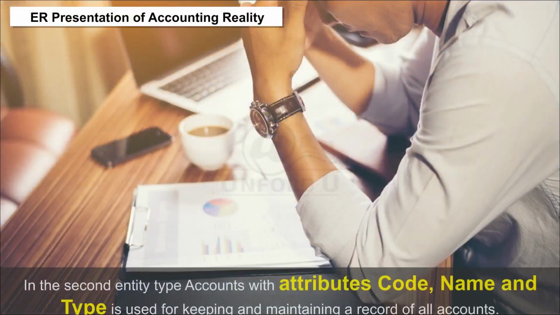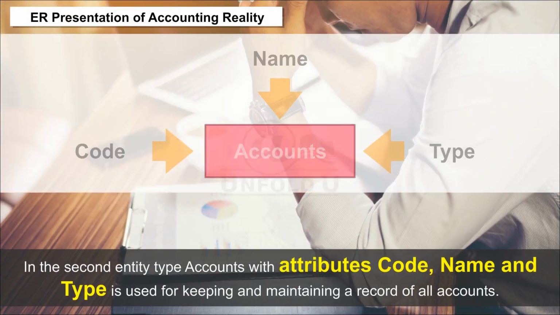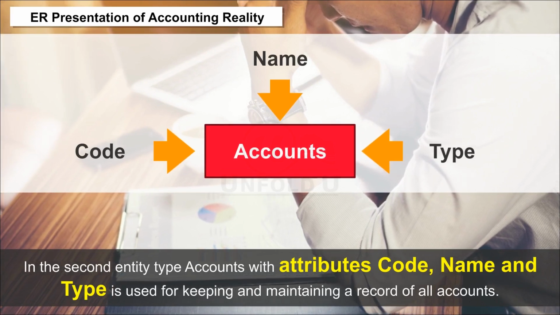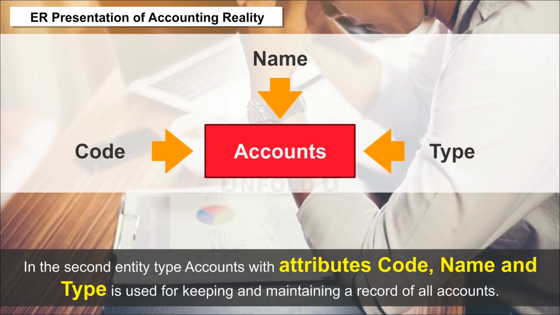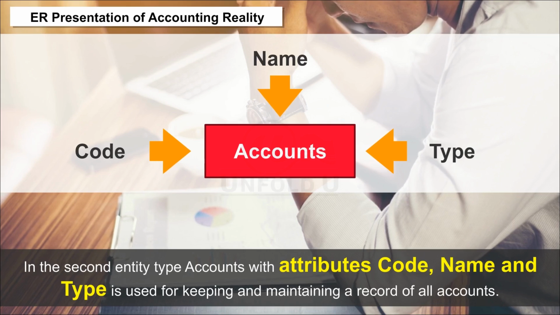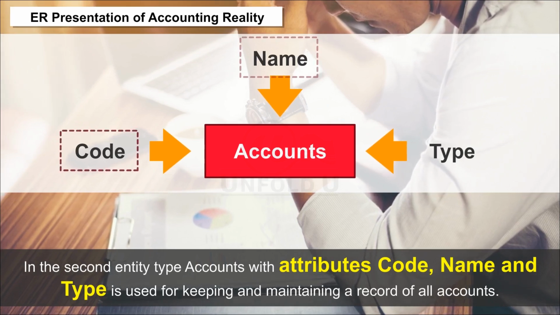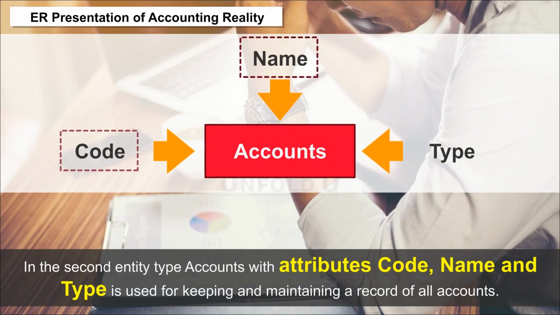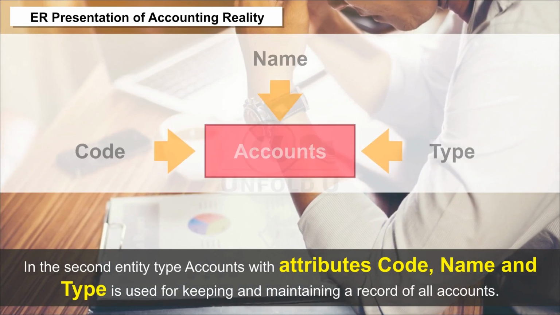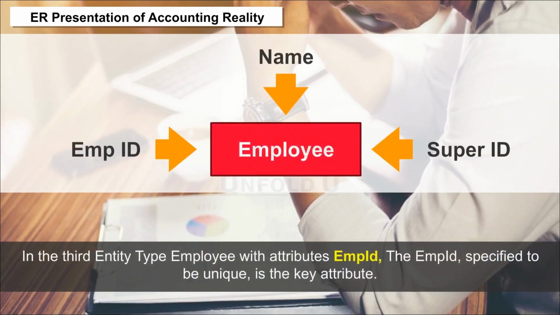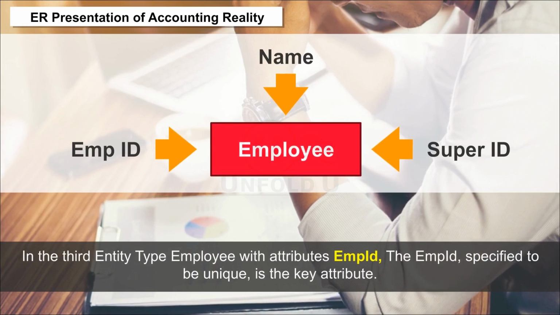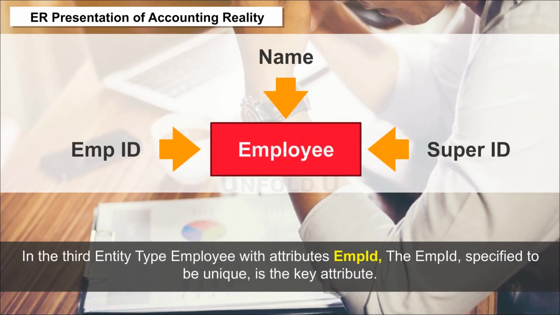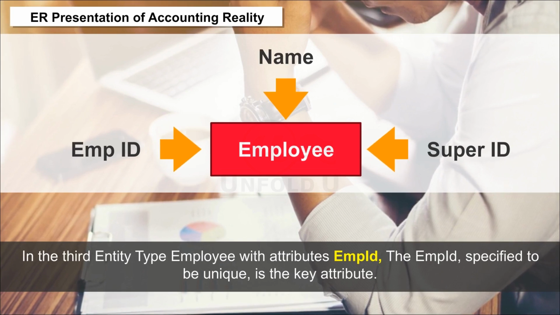In the second entity type, accounts, with attributes code, name, and type, is used for keeping and maintaining a record of all accounts. Both code and name can be considered to be the key attributes because they are specified as unique. In the third entity type, employee, with attribute employee ID, specified to be unique, is the key attribute.